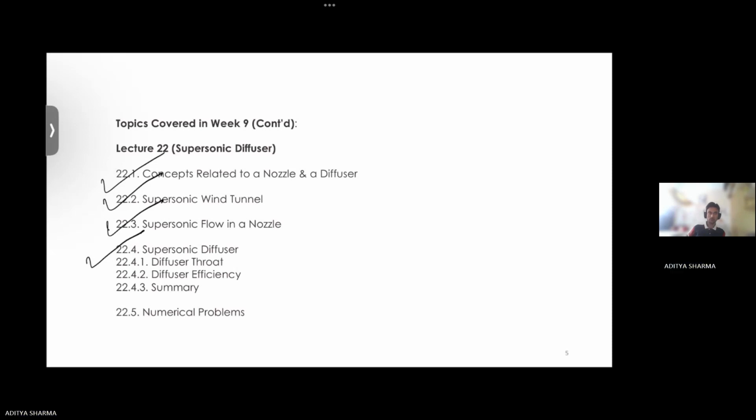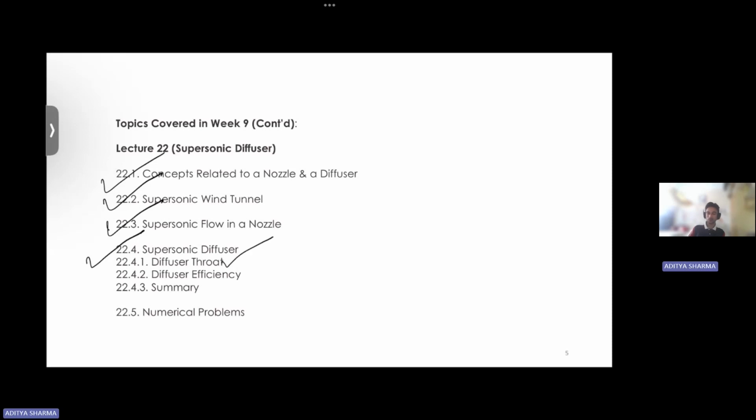Then, as I already mentioned, we want to reduce our losses when we are running a supersonic wind tunnel. For that, we need a good understanding of the diffuser part of the supersonic wind tunnel. So for that only, this discussion has been done in the lectures.